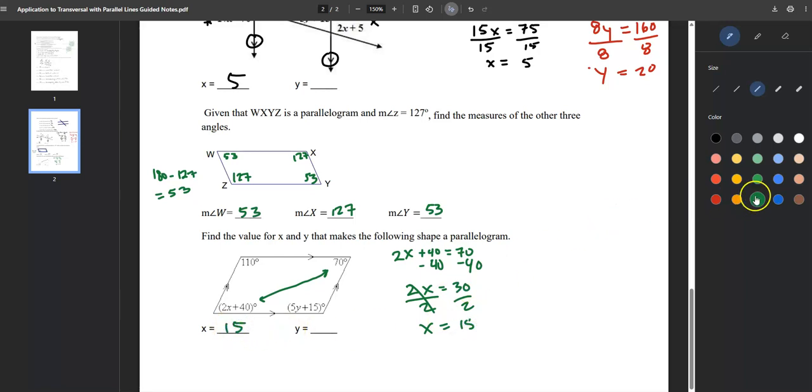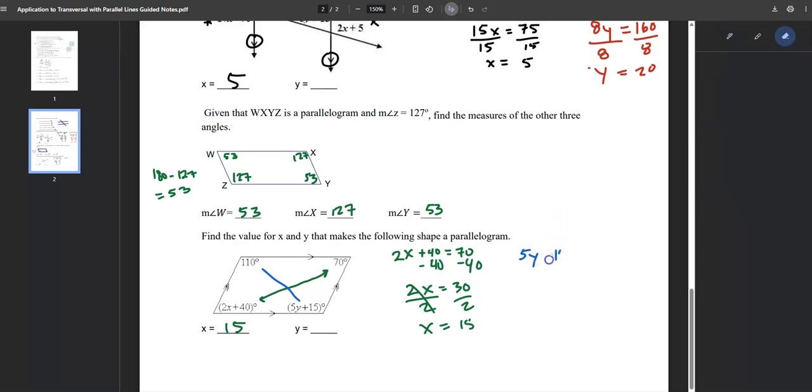Okay? And then the other one's going to be, those two should be equal to each other as well. Again, you could use the supplementary rule. I just find it easier to set this up this way and go that route rather than the other.